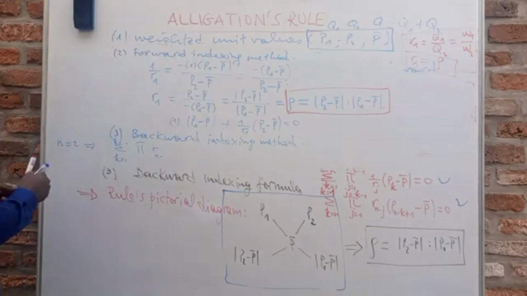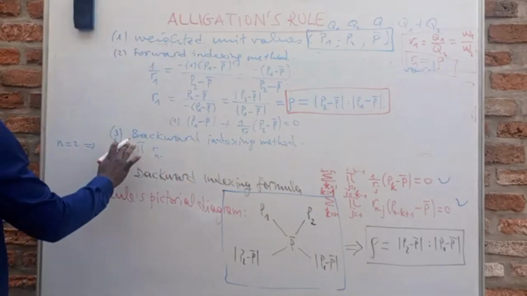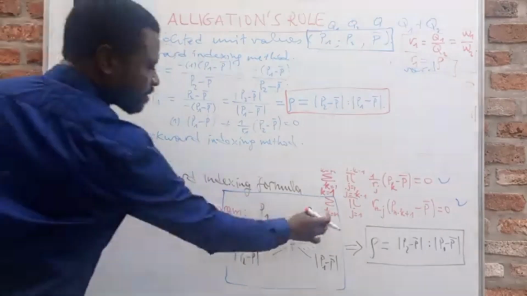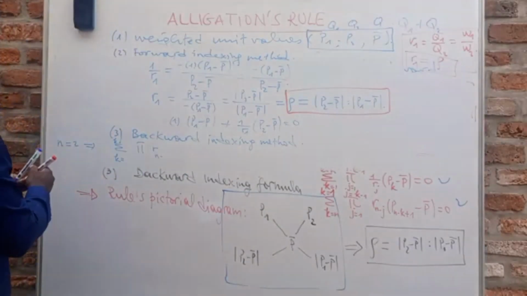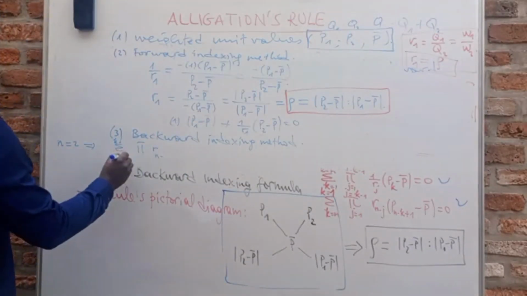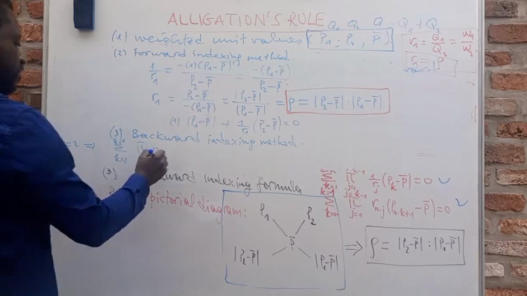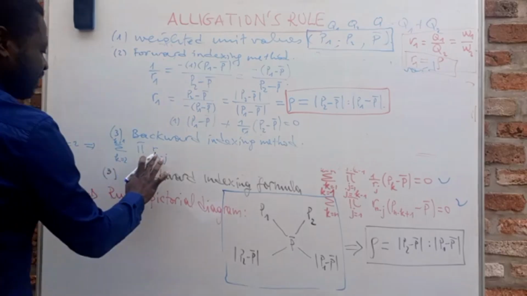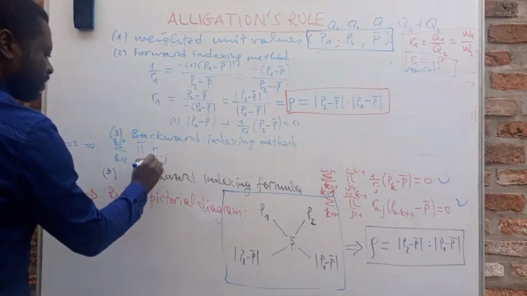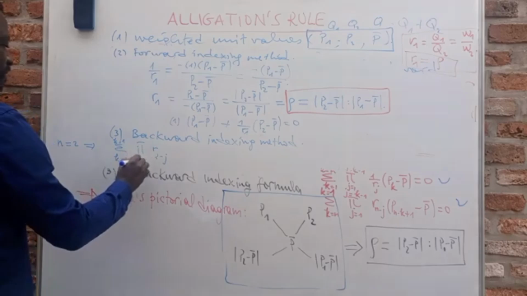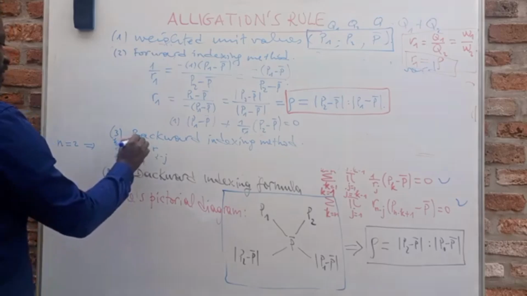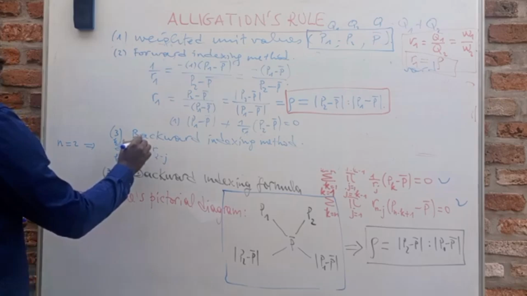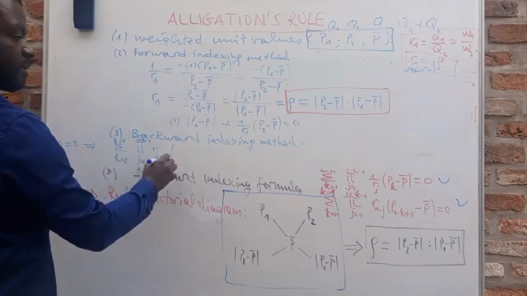So I will start by, if n is equal to 2, so I start by 2 until 1. Product of ratios, index 2 here. So from j equal to 1 until j equal to k minus 1. Okay.